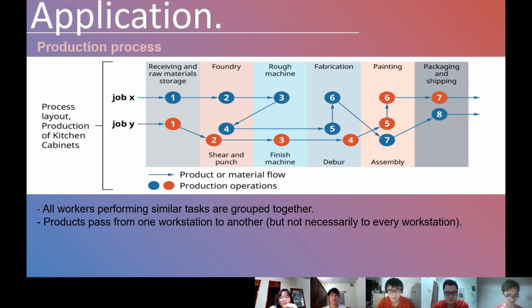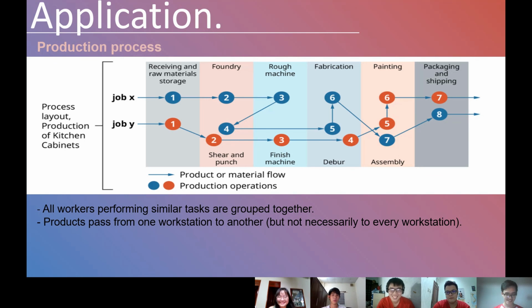The process layout arranges workflow around the production process. All workers performing similar tasks are grouped together. Products are brought from one workstation to another, but not necessarily to every workstation. One thing is done in one area, something is examined in another, and inspection happens in yet another.